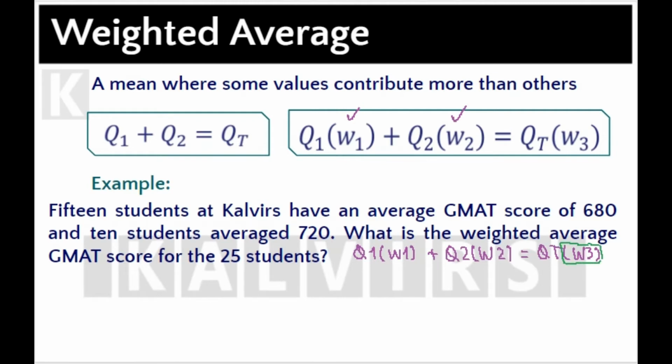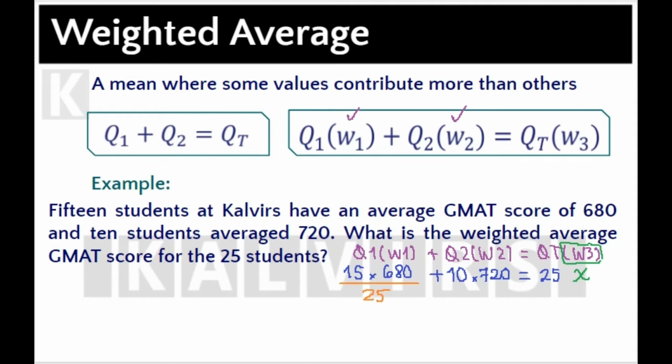Weight 3 is going to be x, and here we get 15 times 680 plus 10 times 720 equals 25 times x.